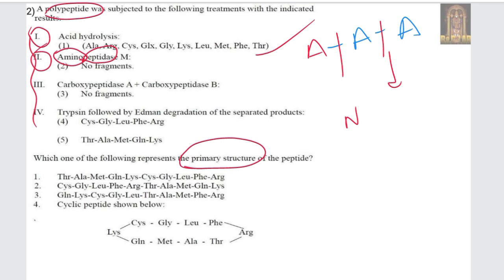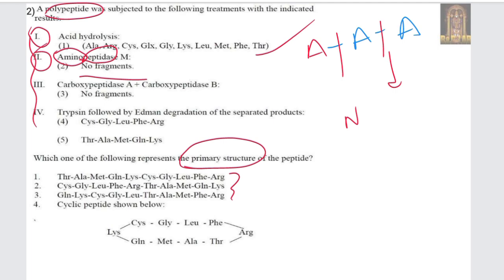But here it is stating that it has not produced any fragments. That means in our primary structure, there is no free N-terminal. But in all those pictures, you can see that both free N and C terminals are present.